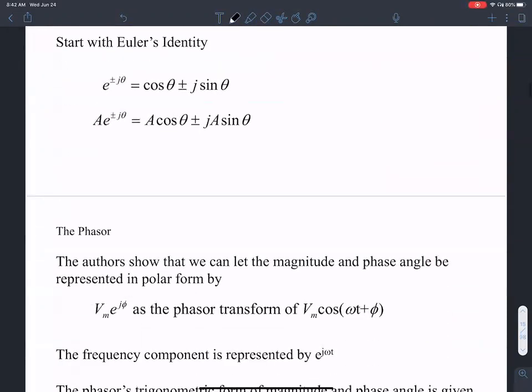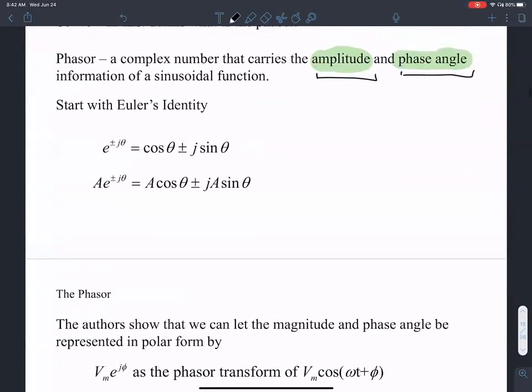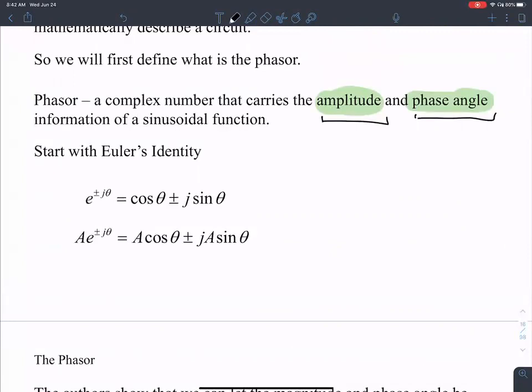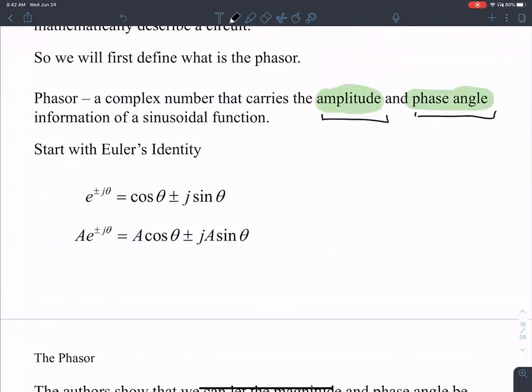We can start with Euler's identity: e to the plus or minus j theta is cos theta plus or minus j sine theta. So here is the notion of a complex number.